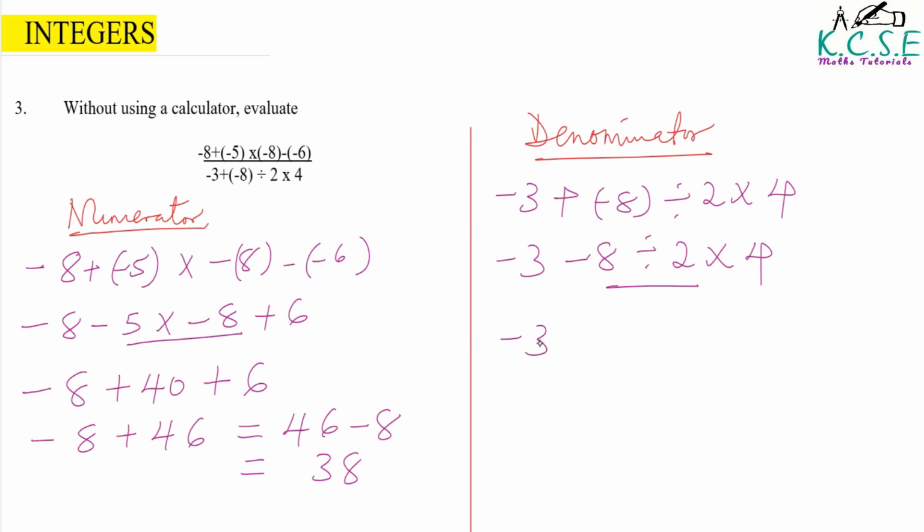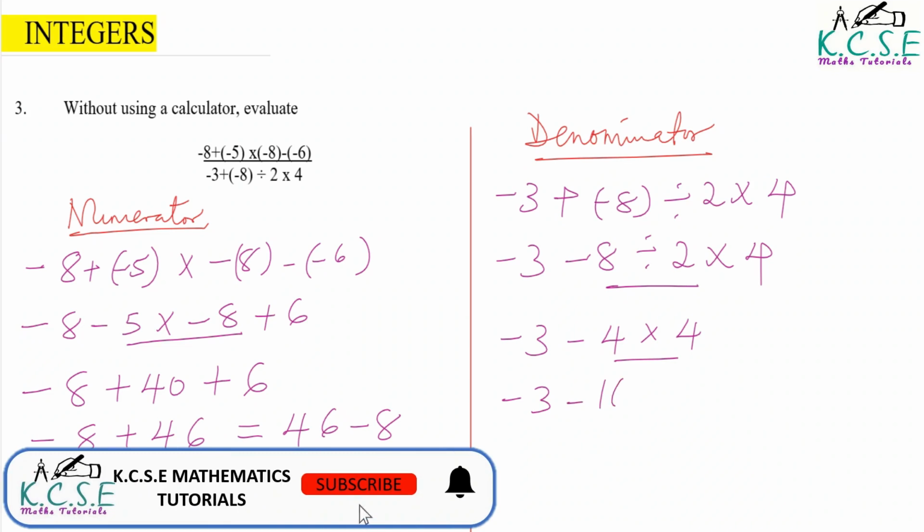So negative 3, the division is negative 8 divided by 2, which will give negative 4. Then multiply by 4. So the next operation that should follow is multiplication. So we have negative 3 and negative 4 times 4, which will give negative 16.